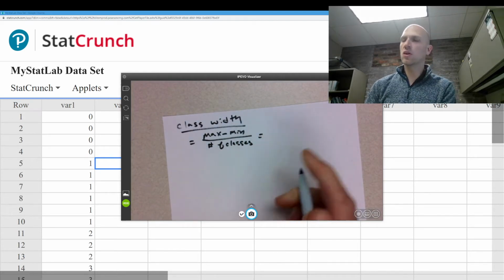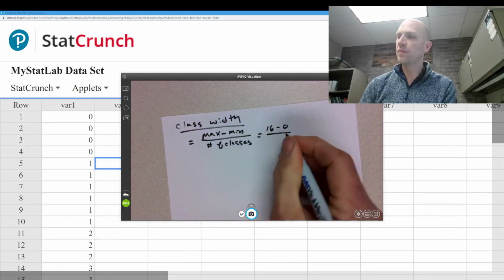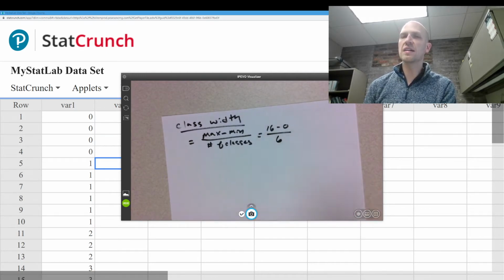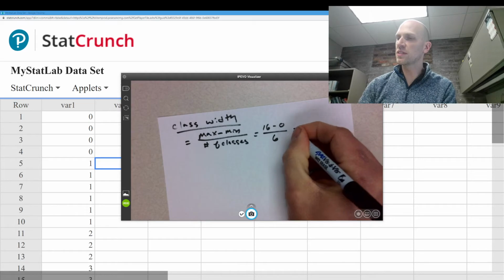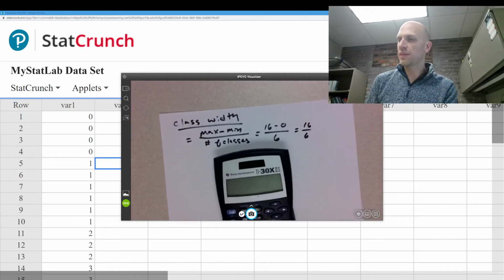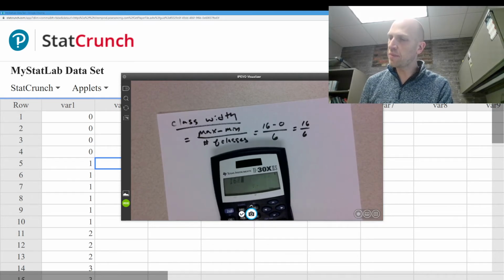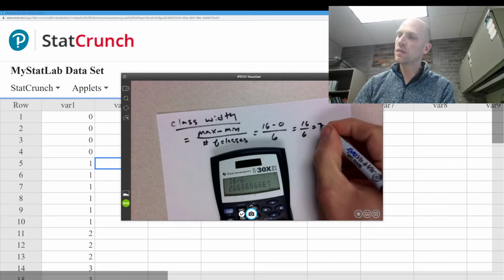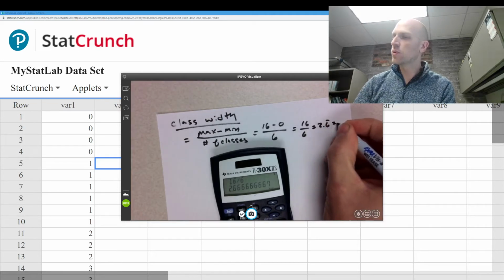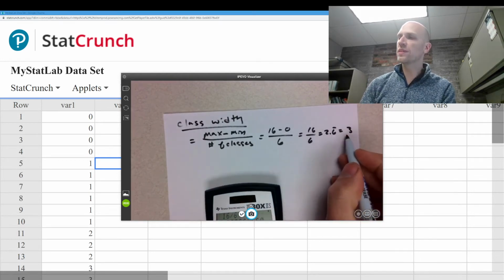In this case, our maximum value was 16, our minimum value was 0, and they wanted 6 classes. So 16 divided by 6 is 2.6 repeating. Whatever it is, we're going to round up, to 3. So the class width is going to be 3.